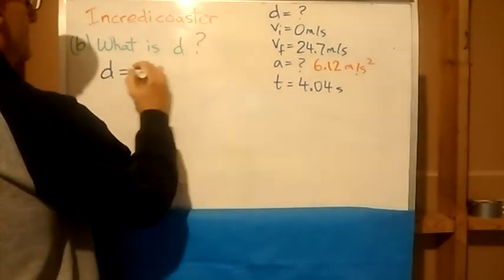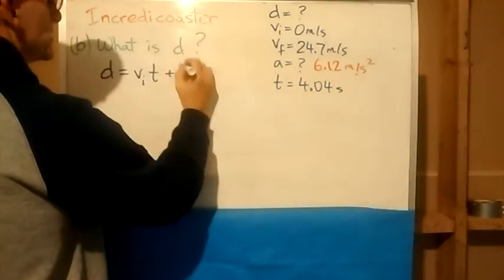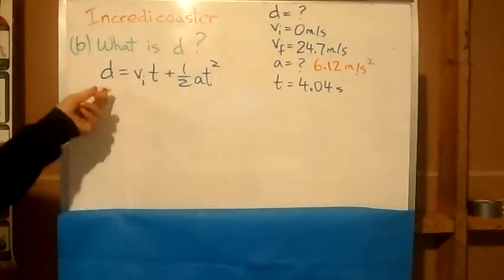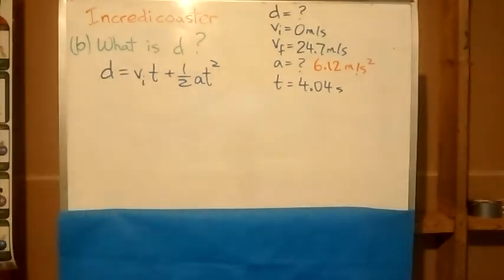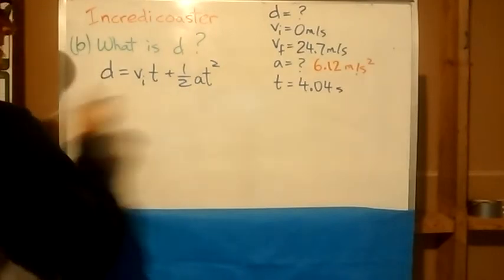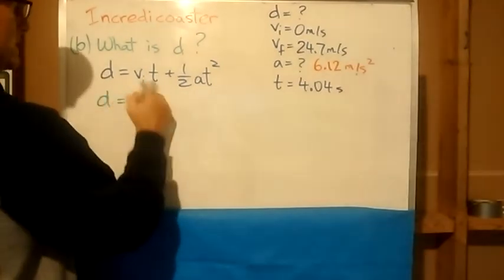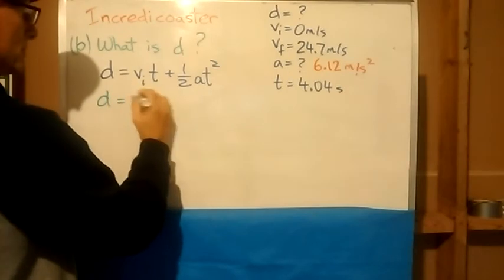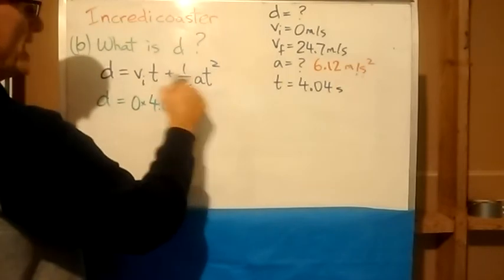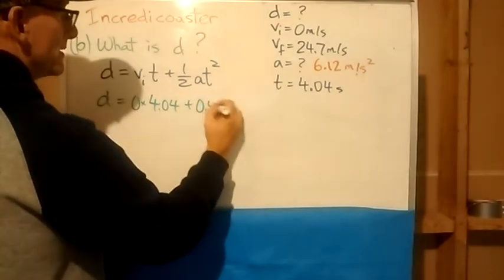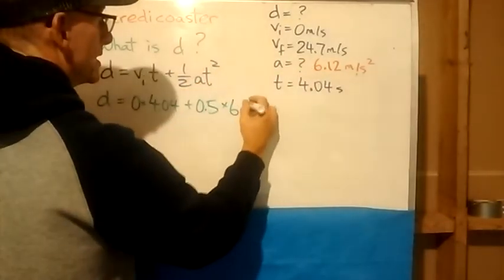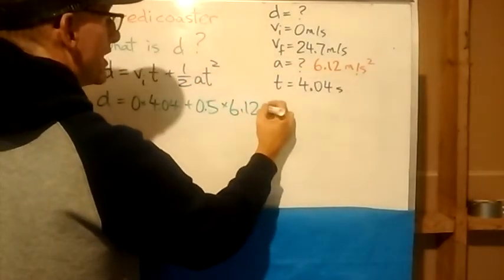d is equal to v_i t plus 1/2 a t squared. I'll just get d right away from it. And when I put the numbers in, I get d is equal to 0 times t, plus 1/2, which is really 0.5, times the acceleration, which we had as 6.12, times t squared.